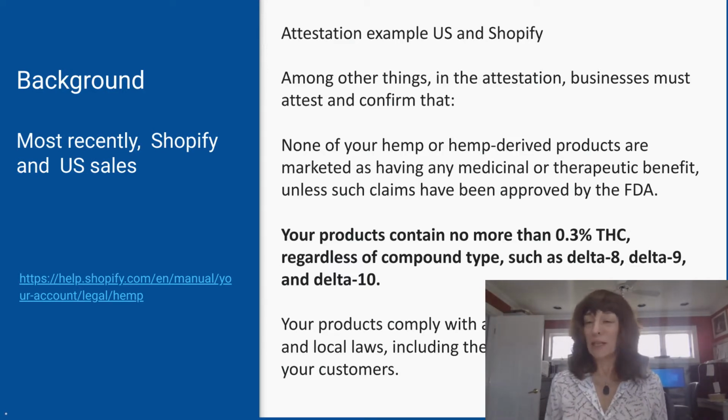Also, I'd like to highlight this: the product contains no more than 0.3% THC. That's total THC, regardless of whether it's Delta-8, Delta-9, or Delta-10. Most products that you'll see say, oh, it's within the 0.3% THC, but it's only Delta-9. That's how they're skirting it.